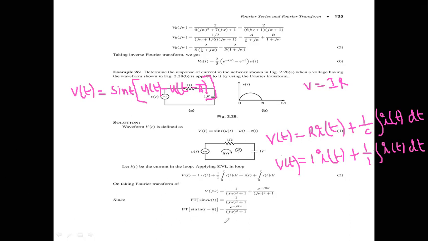Now, I'm taking the final equation: V of t is equal to I of t plus the integral of I of t dt.